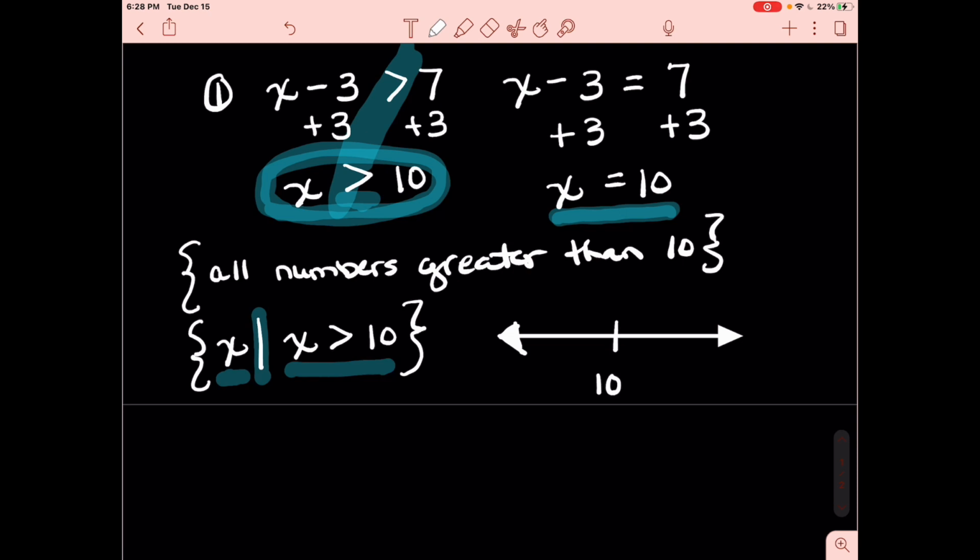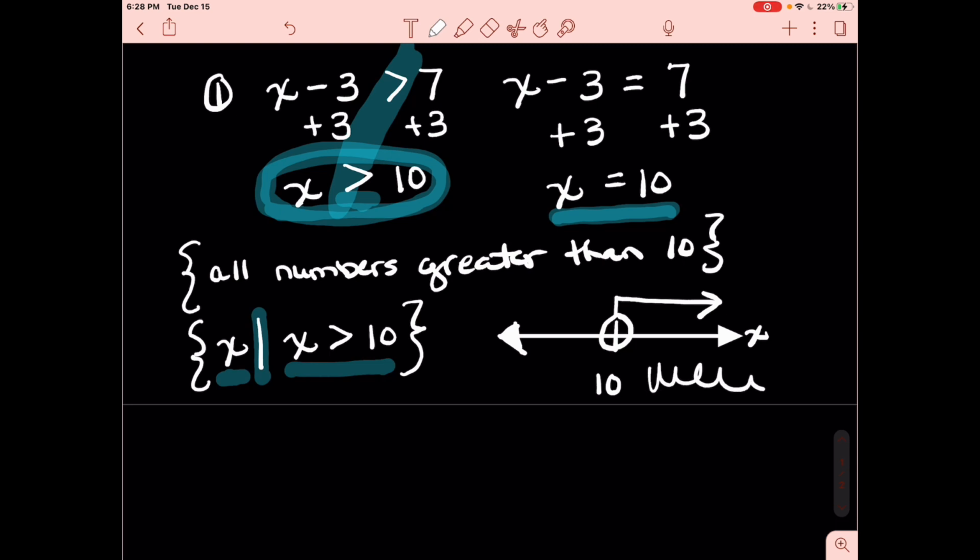Because this is just a greater than sign, not a greater than or equal to, we're going to use an open circle. That means we're just not going to color it in. It's a way of showing that we don't ever use 10 as one of our solutions. X is greater than 10. So that's the way we would show that.